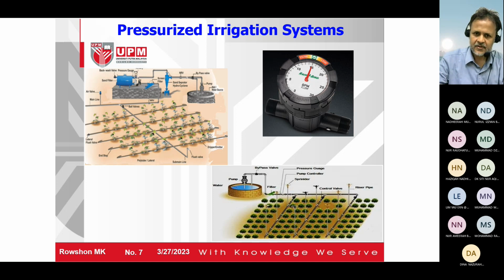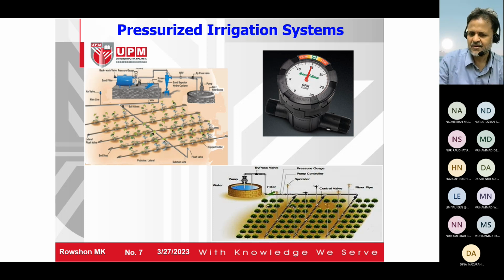That's why both systems, micro and sprinkler, use a pump. Then there are some other things you can see here, but in sprinkler irrigation they are not necessary. In a micro irrigation system, we must have this additional thing. This is called a water filter.